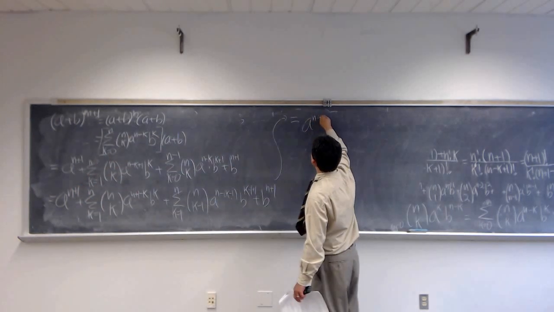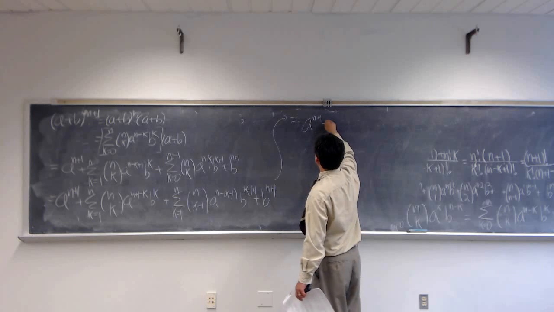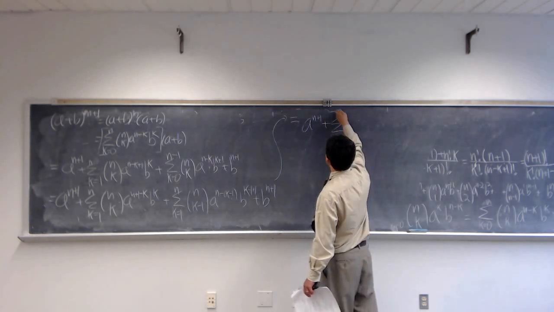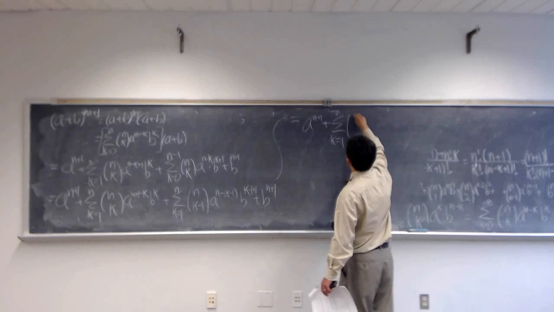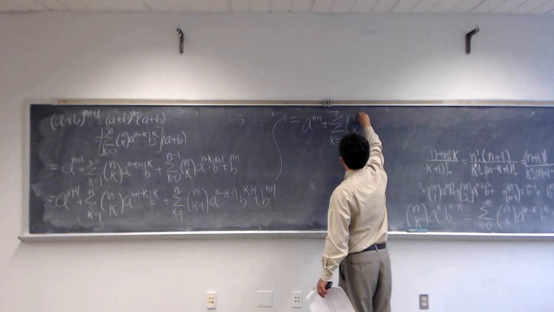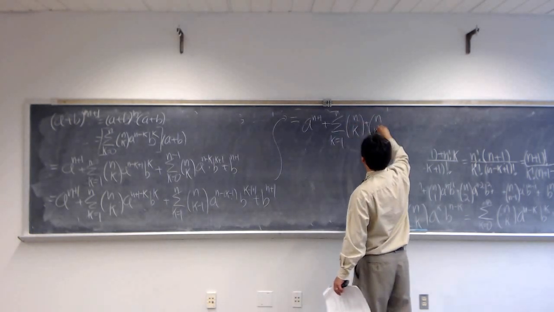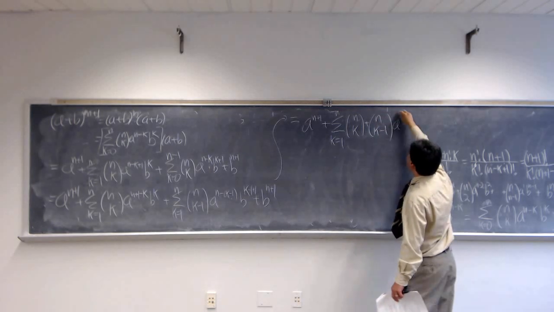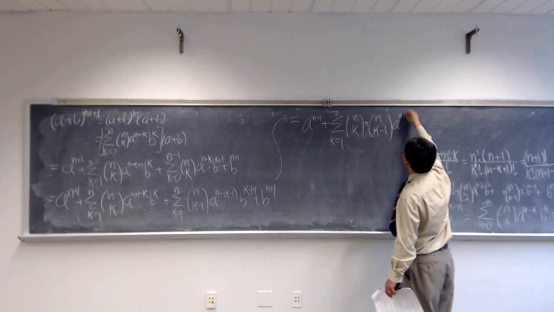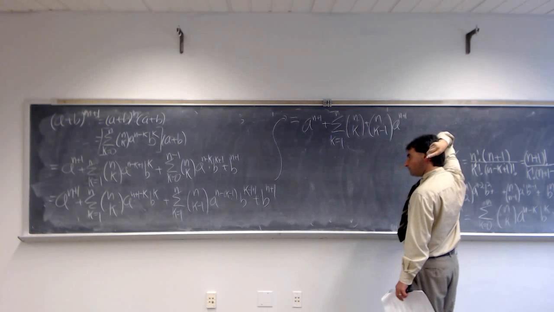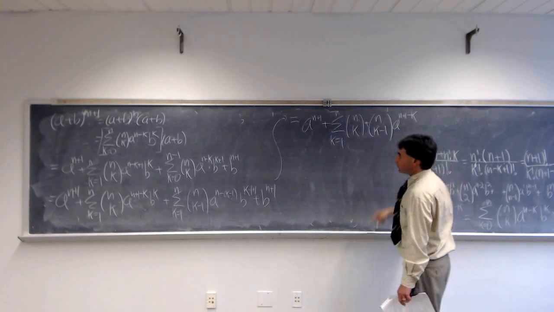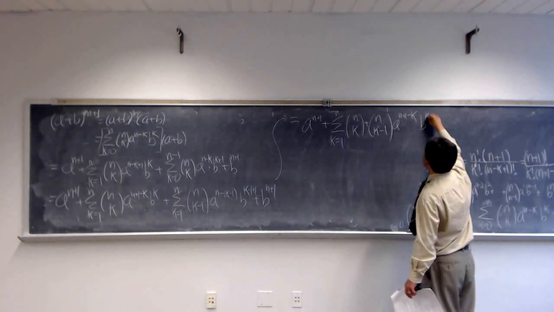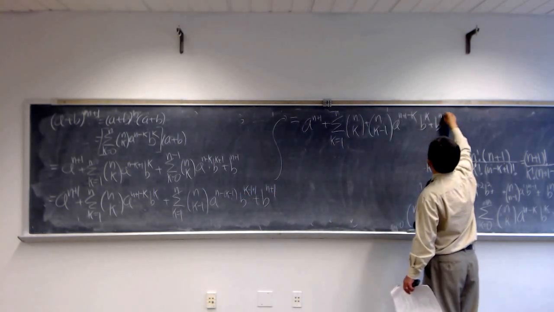So it would be a^(n+1) plus the summation k going from 1 to n of n choose k plus n choose k minus 1, a to the n plus 1 minus k, that is some distributing, and after simplifying that, that's just b to the k plus b to the n plus 1.